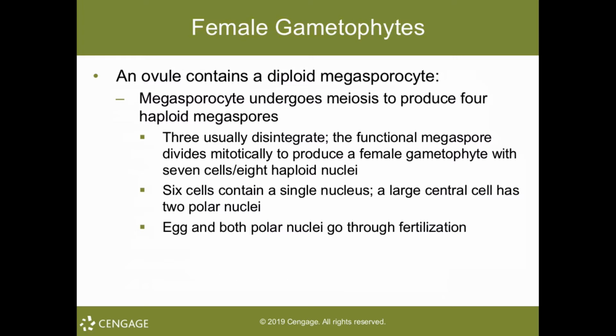Pollen sacs within the anther contain numerous diploid cells called microsporocytes, each of which undergoes meiosis to produce 4 haploid cells called microspores. Each microspore divides mitotically to produce an immature male gametophyte, also called a pollen grain. That pollen grain consists of 2 cells, as mentioned just moments ago, the tube cell and the generative cell.